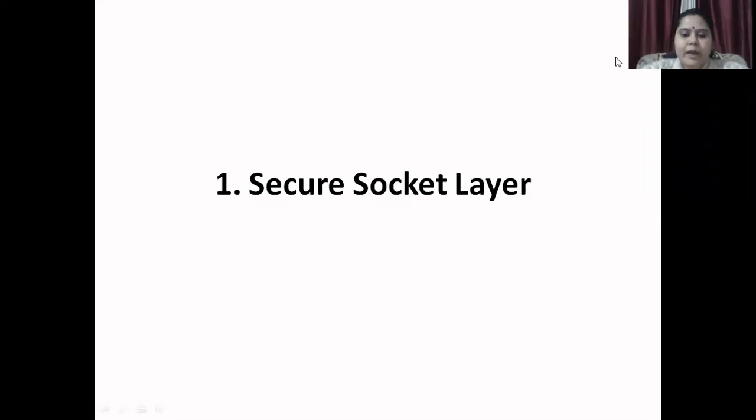SSL provides for the encryption of the session, authentication of a server and optionally a client, and message authentication. This means that once a secure session is established, all communication over the internet is encrypted.